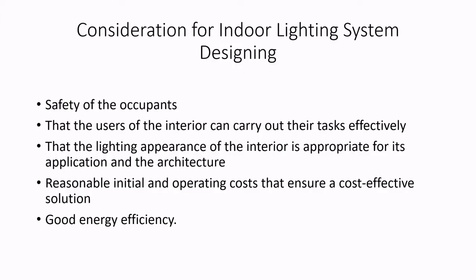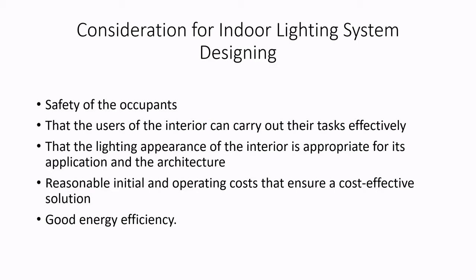These are the key points we need to consider when doing a lighting system design. First of all, you need to make sure about the safety of the occupants. Then you have to make sure that occupants inside the building can carry out their tasks effectively with your lighting system.